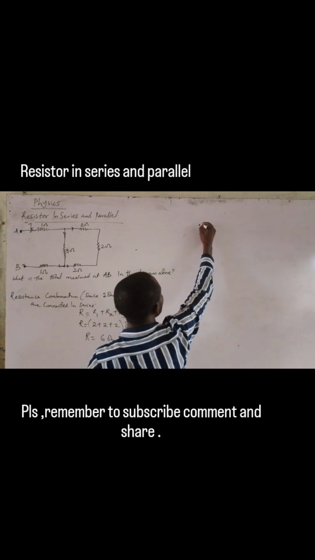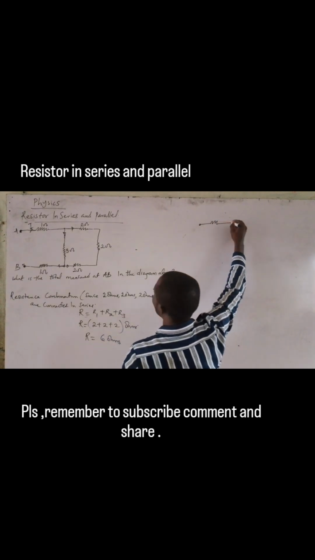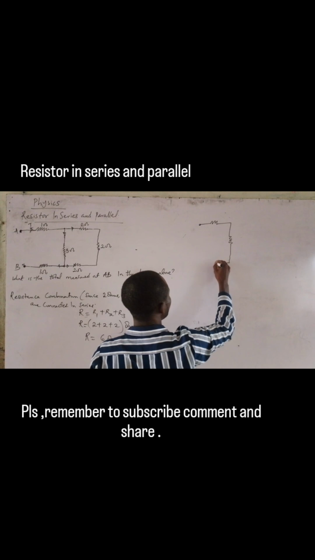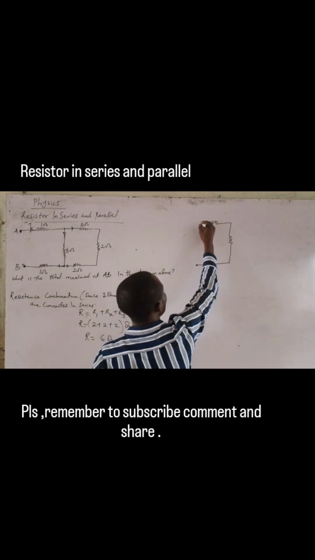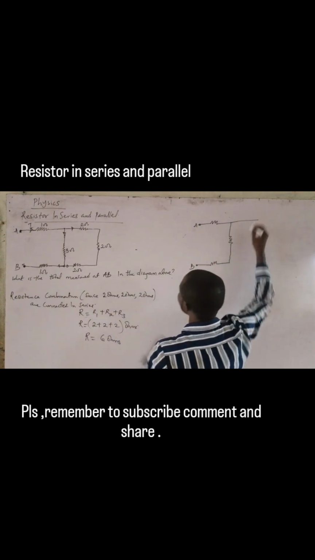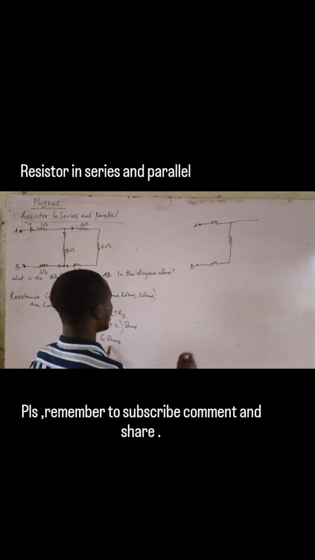Then I will have something like this. Remember, this is my point A and this is my point B. Then remember that this and this is now 6 ohms.